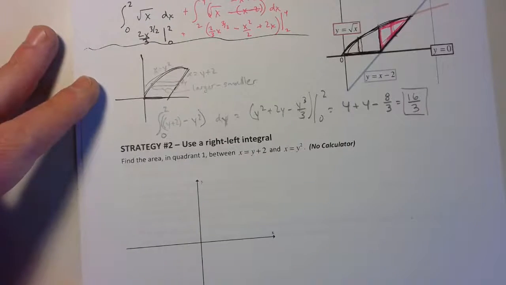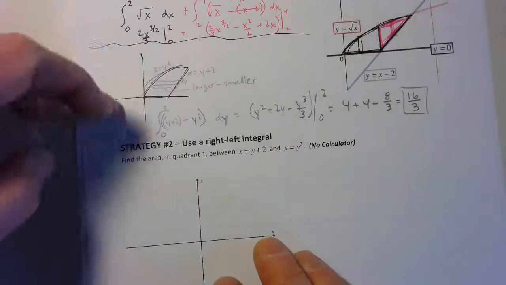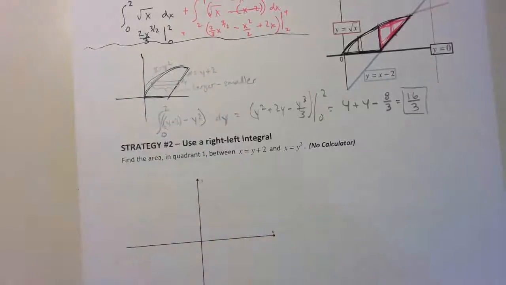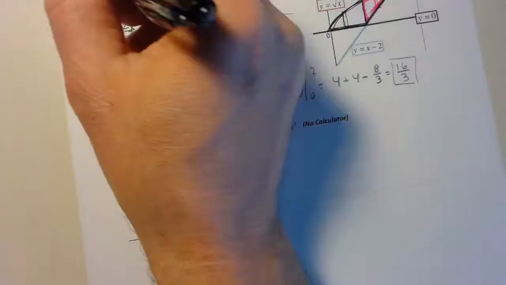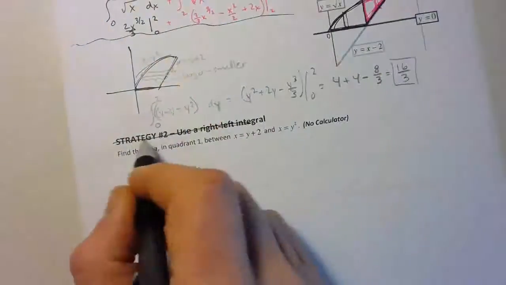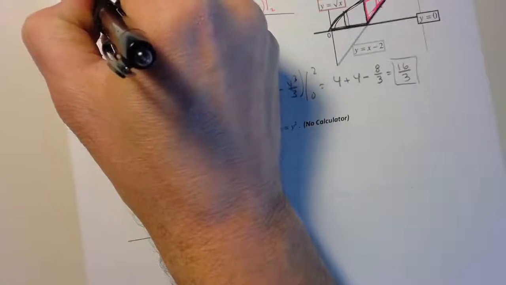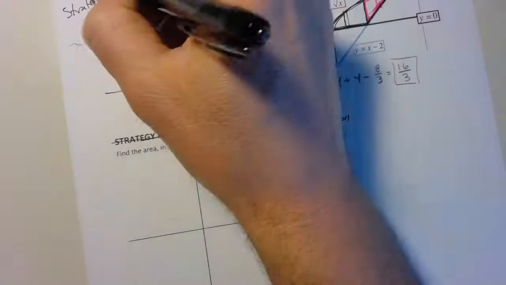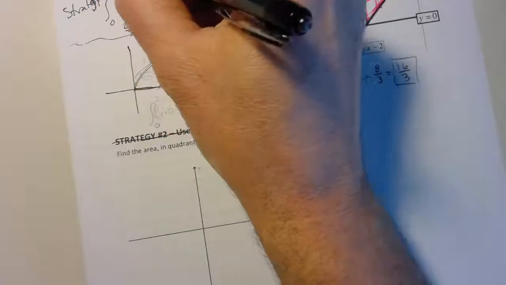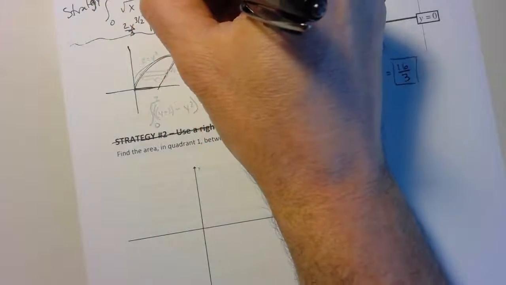Okay, so let's take a look at the second one here. You can see I'm kind of ignoring what it says, strategy 1, strategy 2 here. I'm just going to do everything. Here's strategy 1. Strategy number 1 is use dx and create two integrals.